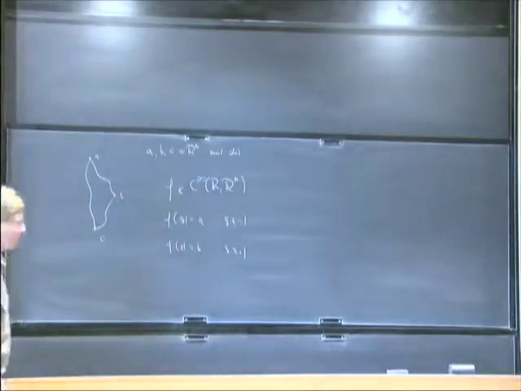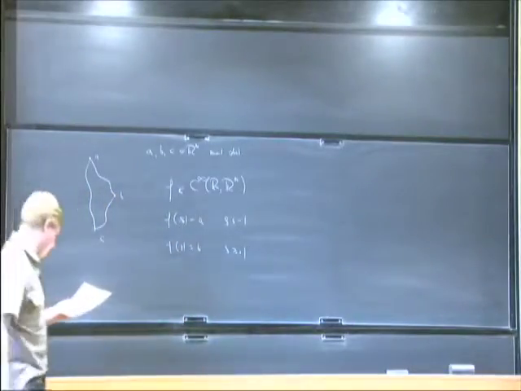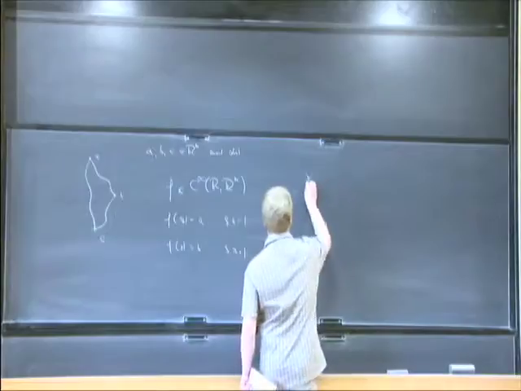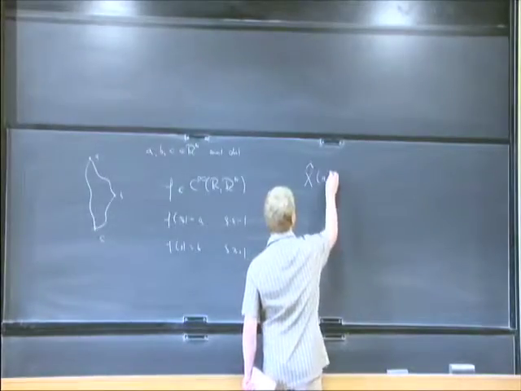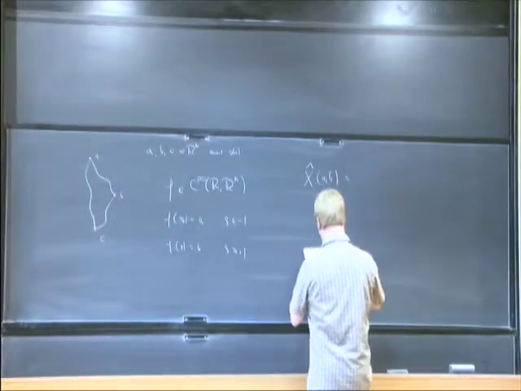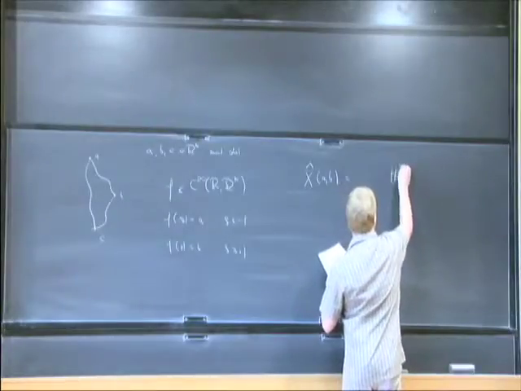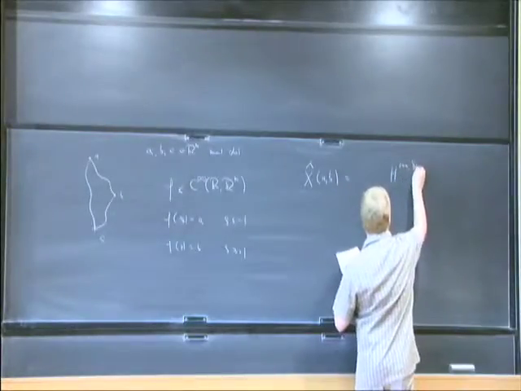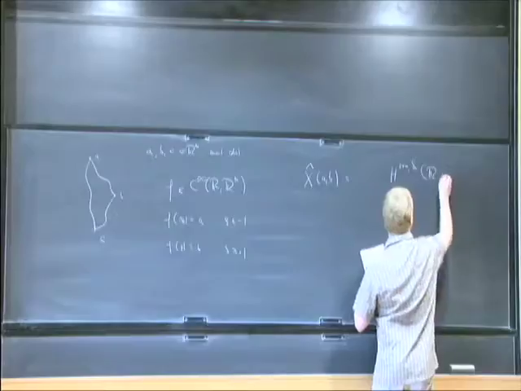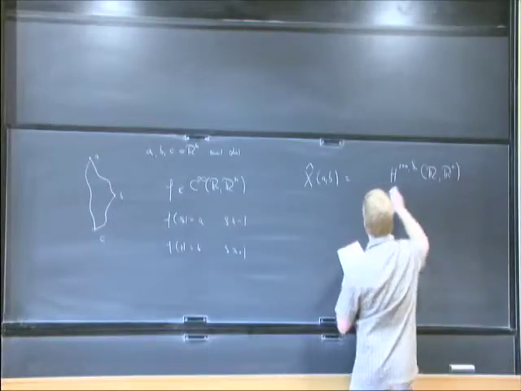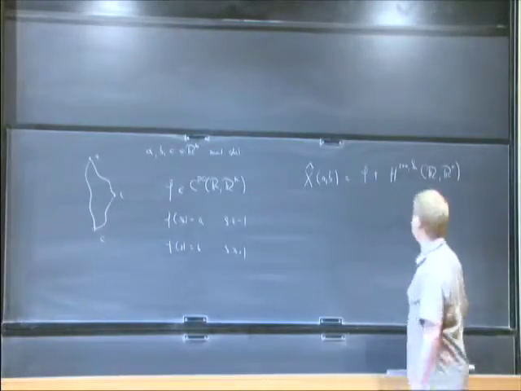So we have fixed the reference path and then define the space X hat AB to be H2 plus M delta M Rn.